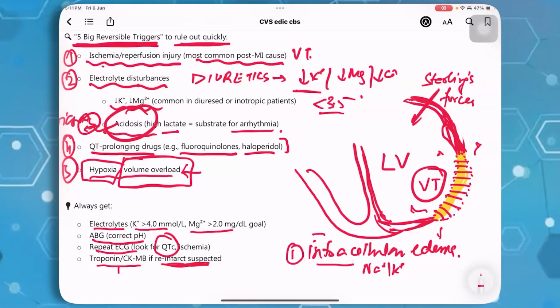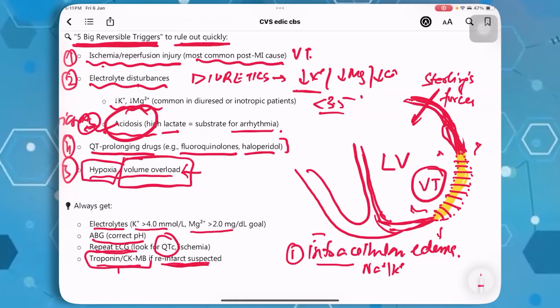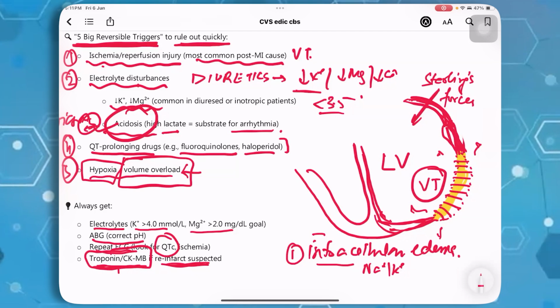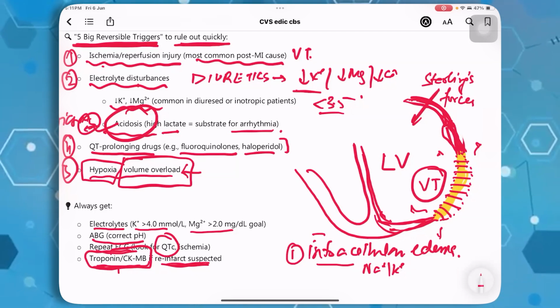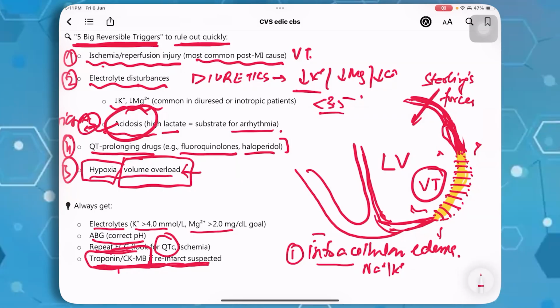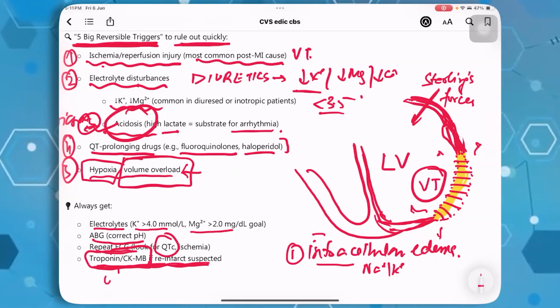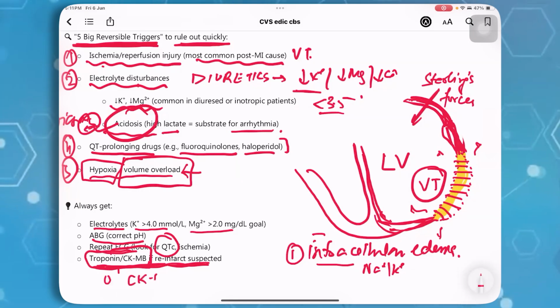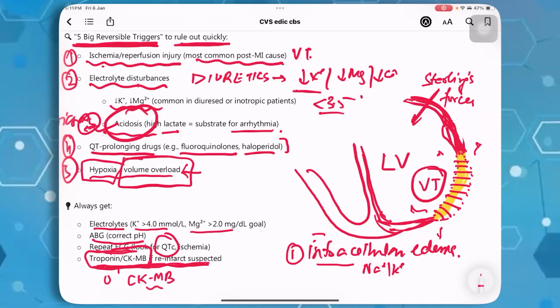If I have to do either of them, either a troponin or a CPKMB, what should I prefer to diagnose an in-hospital MI? CPKMB, sir. Why? Its half-life is less than troponin I, sir.